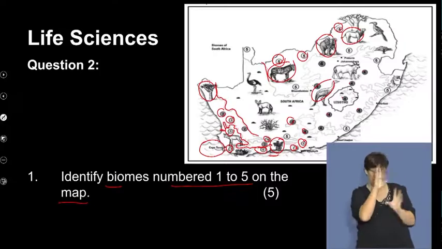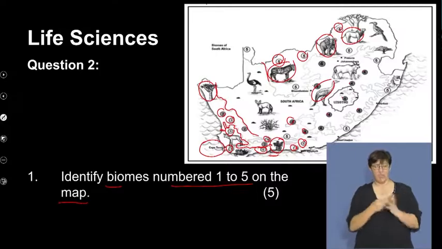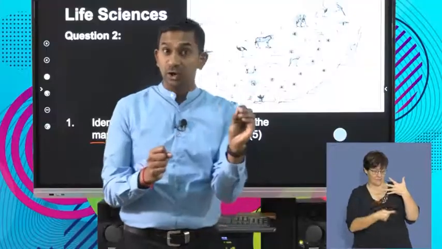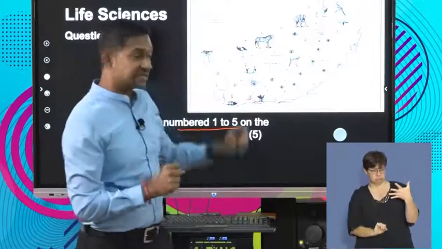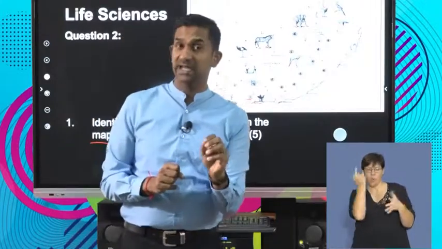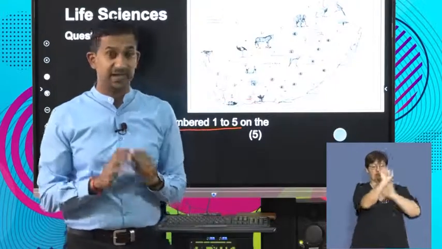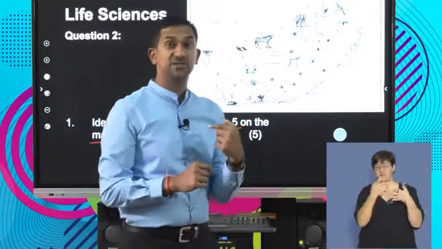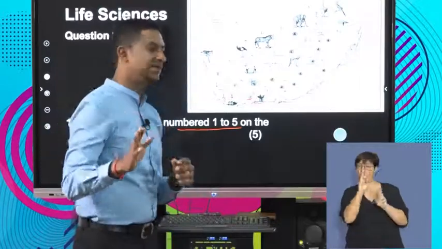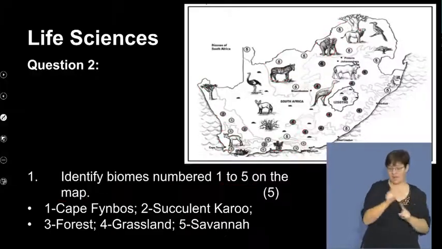So let's see if you got this right. We've gone through the areas. I hope that looking at these indicators on the map, where we've got plants and animals, can assist you in identifying the different biomes. I've written down these answers, and so when I switch my slide, I'm hoping that you can check your answers in the next slide.